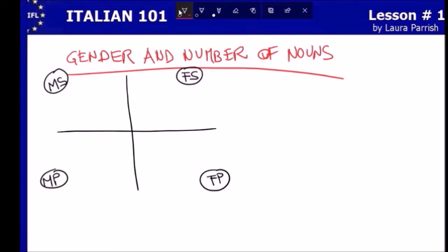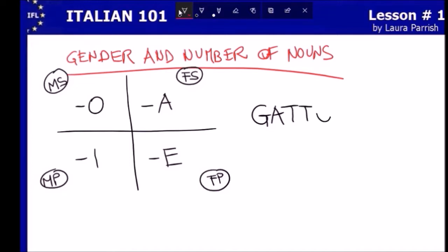This is the pattern of nouns. So let's write O. You will understand what I mean in a little while. For example, let's say that we have a word that I really like because I like this animal: gatto.